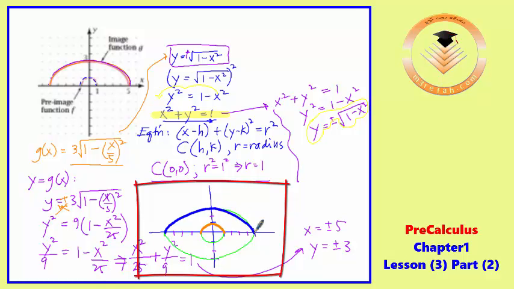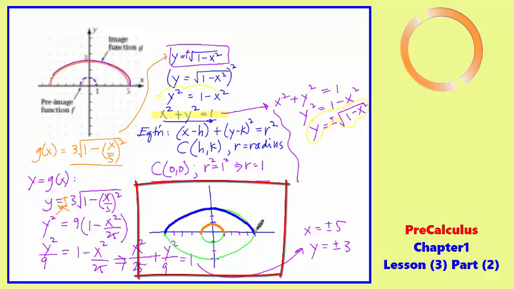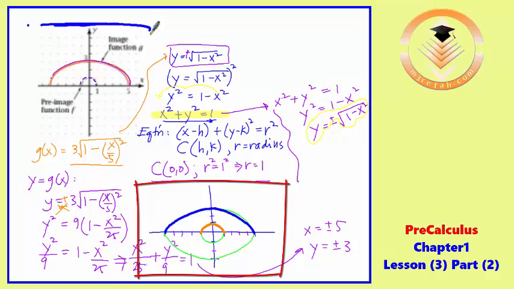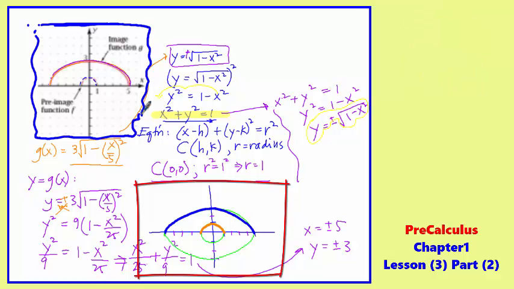As you can see, it is very much similar to what we saw in the given figure depicting the image function and pre-image function. So that is about dilation. On the second lecture, we're going to see how translations are made.